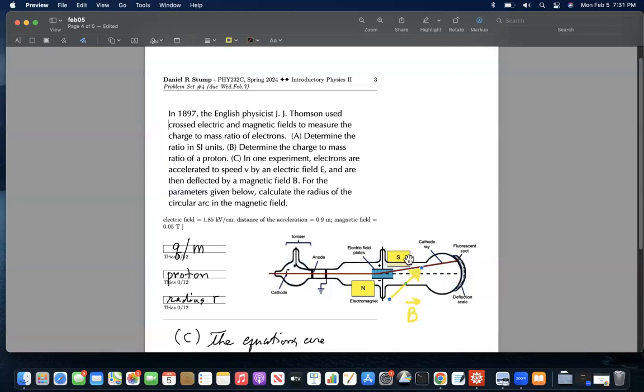And by measuring the deflection, J.J. Thomson could determine the ratio E divided by M, the charge divided by the mass. Now, of course, the charge of an electron is negative E, and the mass is known. The mass of the electron is known.